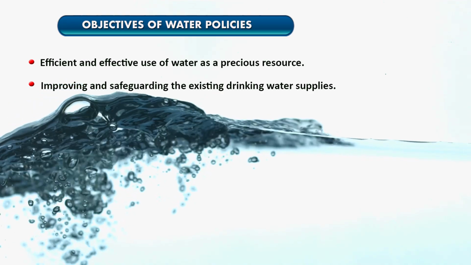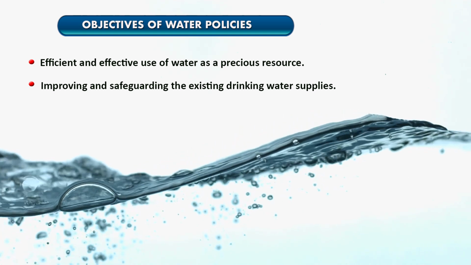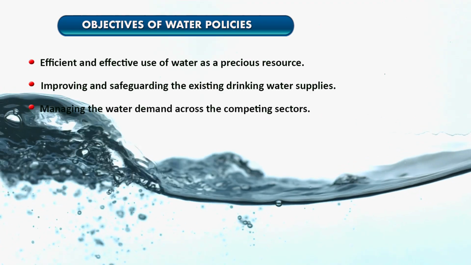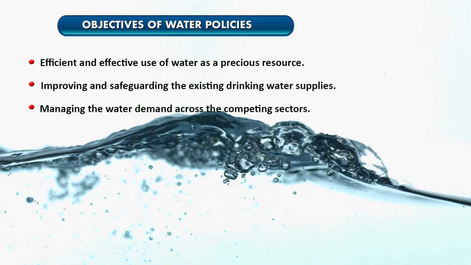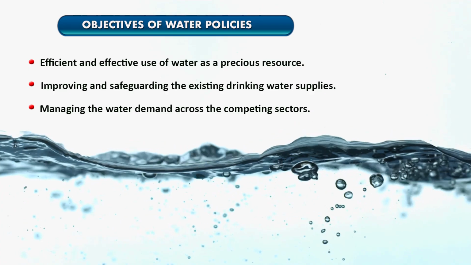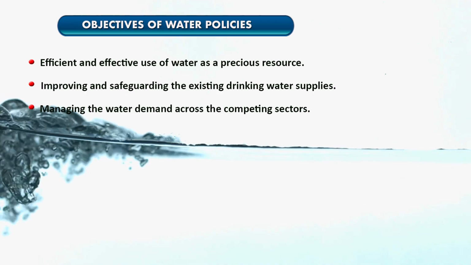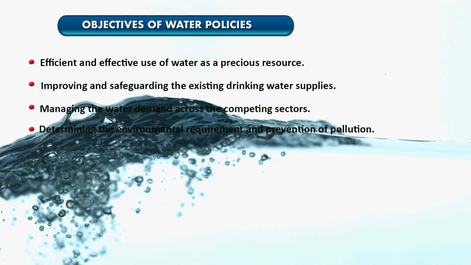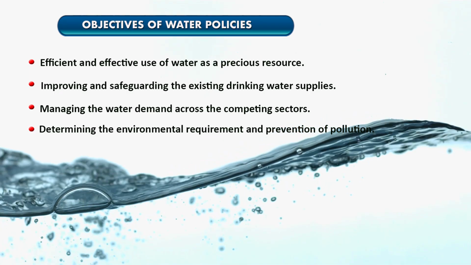Whatever drinking water supply we have, we should improve and protect it. The policies also aim to manage the water demand across competing sectors, like the agriculture sector, the industrial sector and the household sector. The objectives are also to determine the environmental requirement and to prevent pollution.